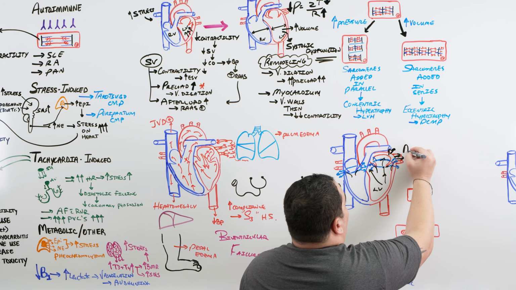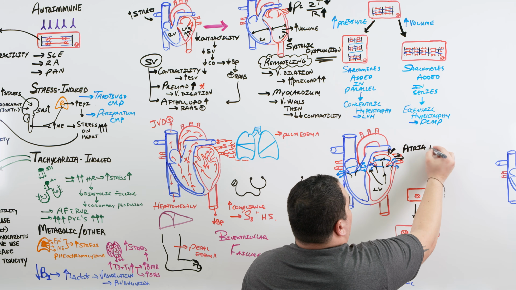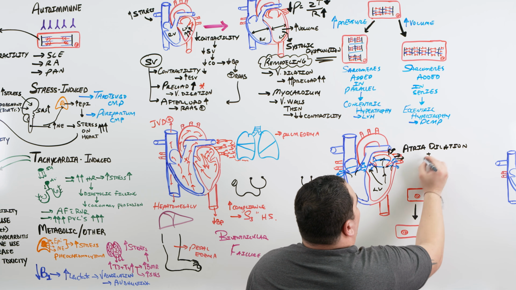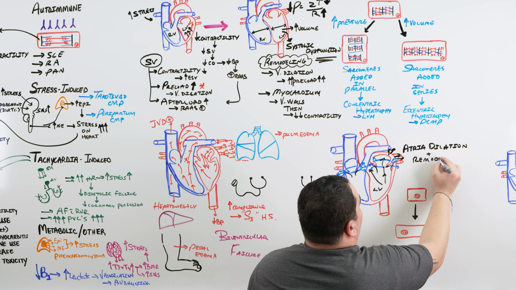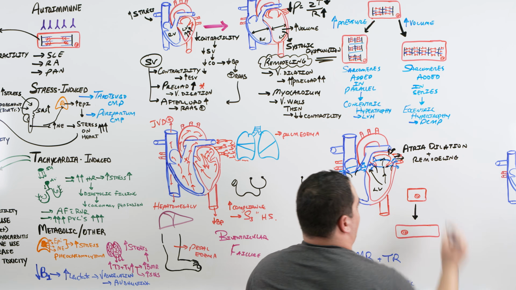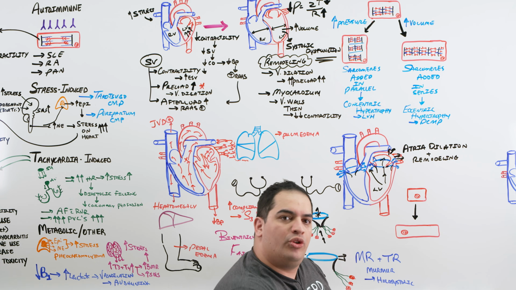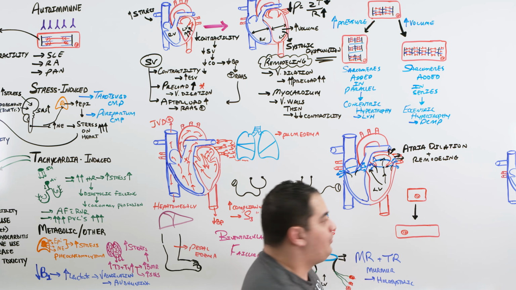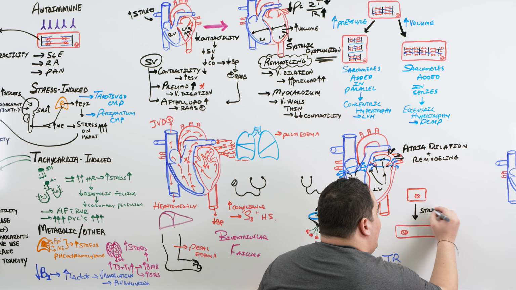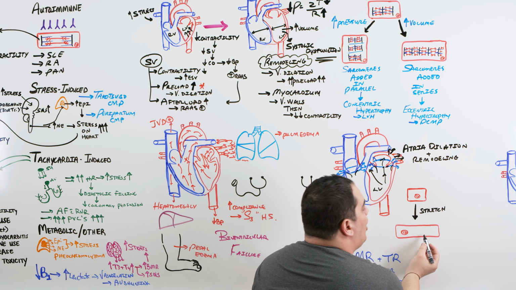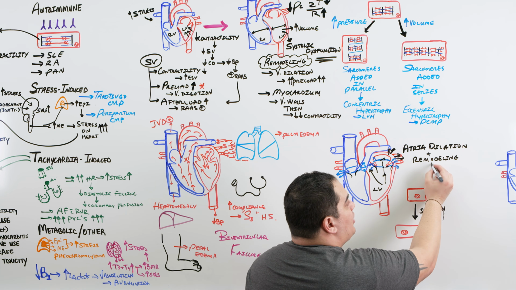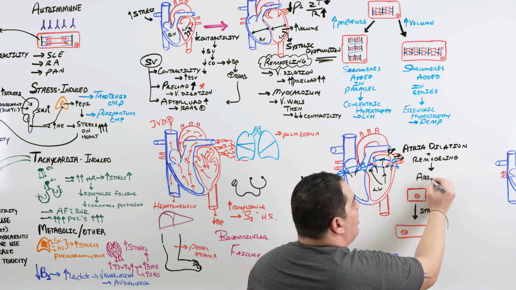So the atria can undergo a dilation process. When the atria dilate, sometimes they undergo an electrical remodeling process. The atria don't like being stretched, is the easiest way of saying that. When you stretch those atrial cells, imagine here's an atrial cell, you've stretched it up. When you stretch them up, they get upset, and it alters their electrical activity. Because you alter the electrical activity, this can lead to arrhythmias.